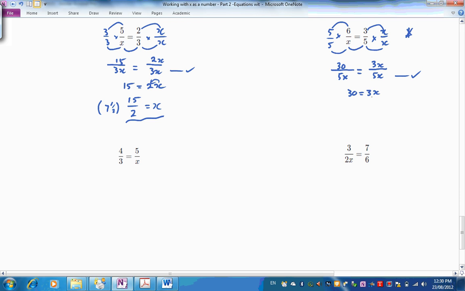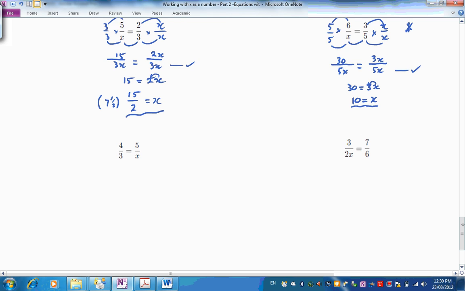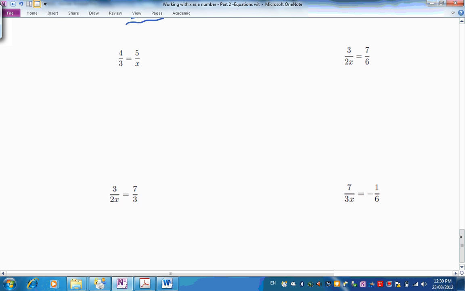And dividing both sides by 3, x has been times by 3 to get 30. Getting x back again, 30 divided by 3 is 10. Our problem solved. So it's the same idea, just remember, working with x is like working with any other number. Make sure you don't pick on the little dude, he's just another number. Okay, let's go on now.